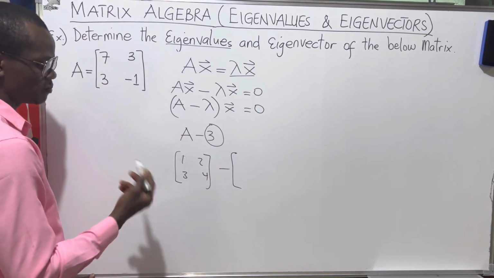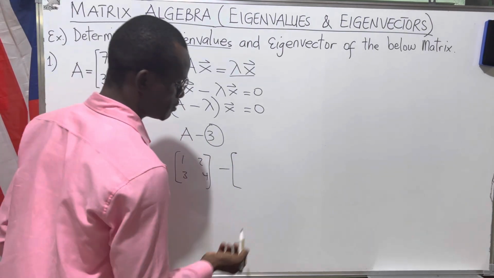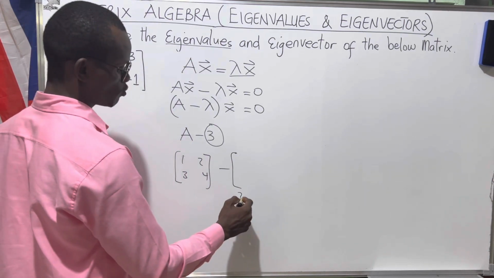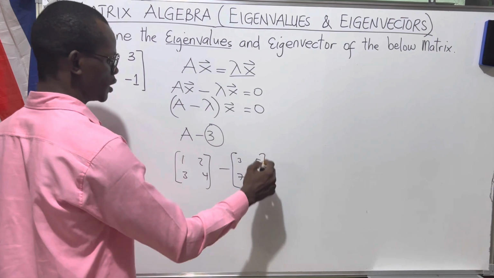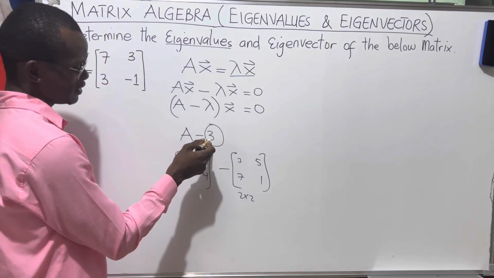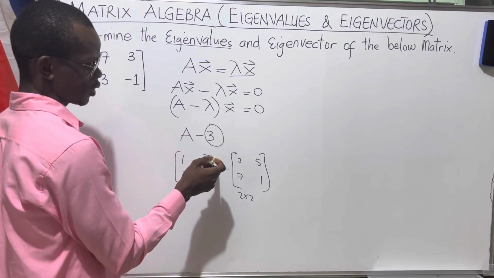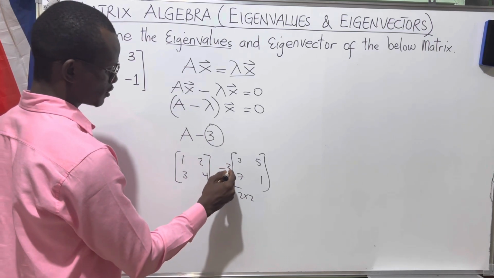It doesn't necessarily have to have the same elements, but it must be of the same dimension, that is a 2 by 2 matrix as well. So you can have 3, 5, 7, 1, and so forth. But now, since this is not a matrix, this is a constant.